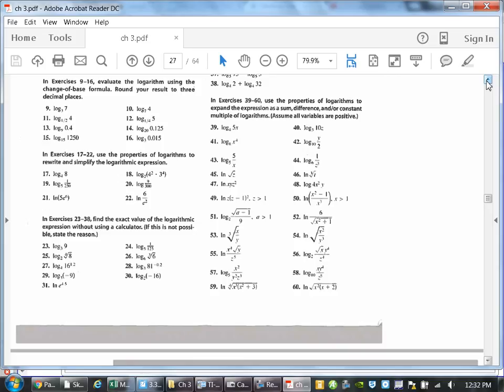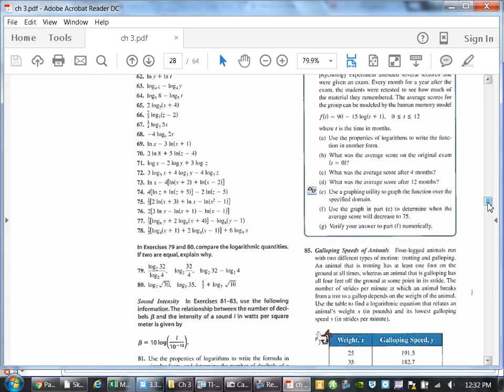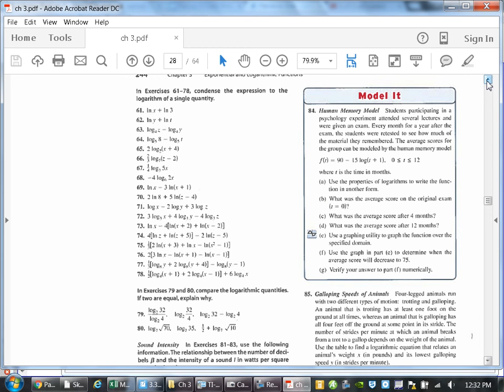Log base 4 of 5x is going to be log base 4 of 5 plus log base 4 of x. Then on the next page, they talk about condensing. Obviously some of them are natural logs, some of them are logs. So here it says log base 4 of z minus log base 4 of y. What would that be? Log base 4 of z over y.